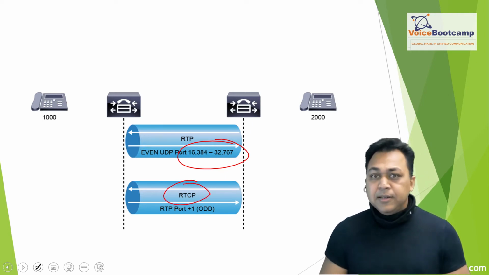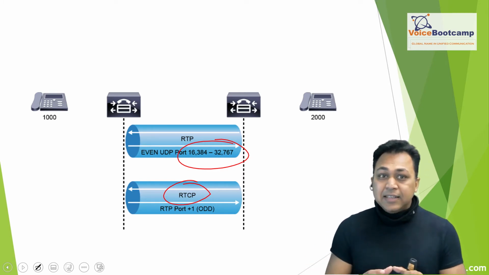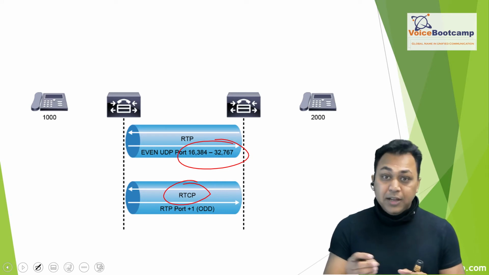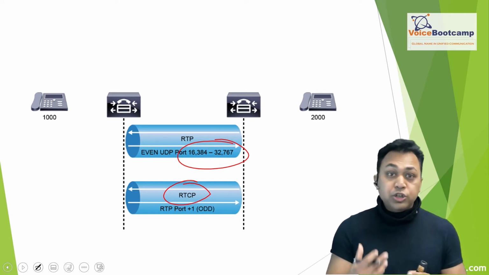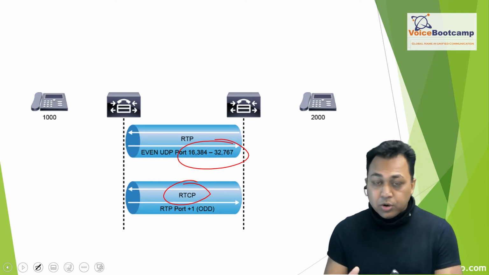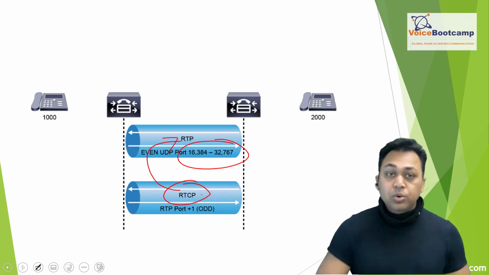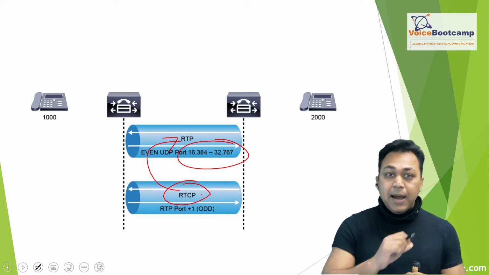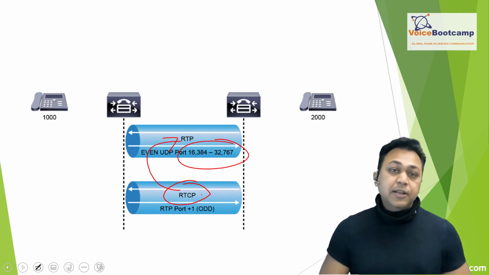So RTCP, or Real-time Transport Control Protocol, will use the RTP port +1 to pair the connection, which is used for monitoring the quality of the RTP or monitoring the behavior of the RTP protocol. So what RTCP does is monitor the RTP flow and send feedback to the calling party, saying, look, I am experiencing a problem in the network.